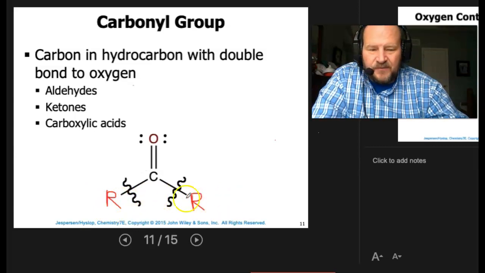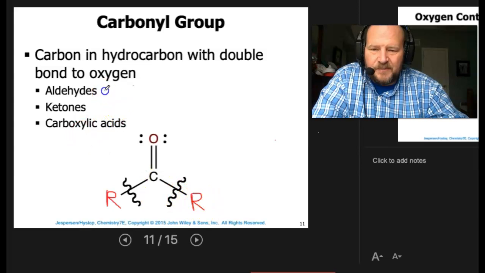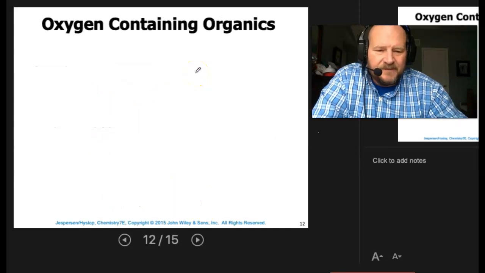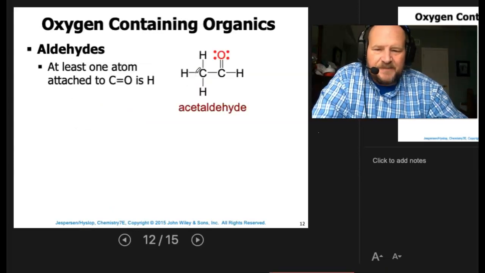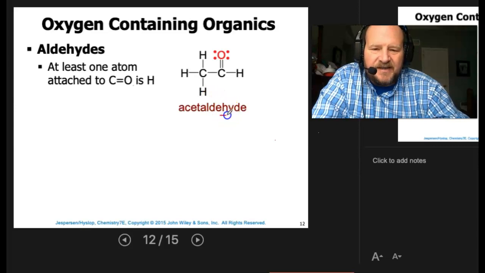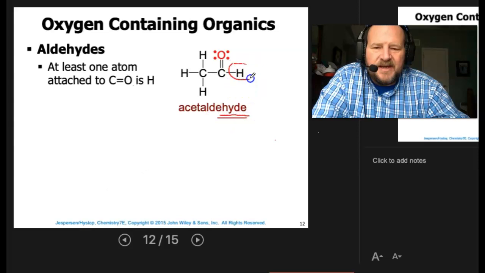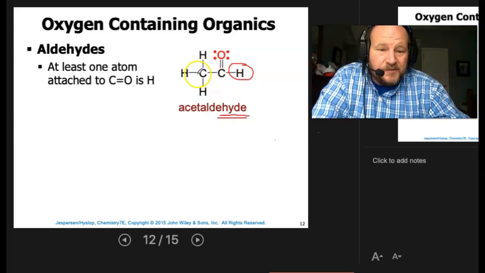When we have those R groups, depending on what they are, will determine which one of these functional groups we actually have. Okay, if it's an aldehyde, that means one of those endings has to be a hydrogen. So you can see hyd, hydrogen. Means we end on a hydrogen right next to that carbonyl group. So it could be two hydrogens, but at least one of those has to be a hydrogen. So if we think of this as position 1 and position 2, one of these two has to be a hydrogen.